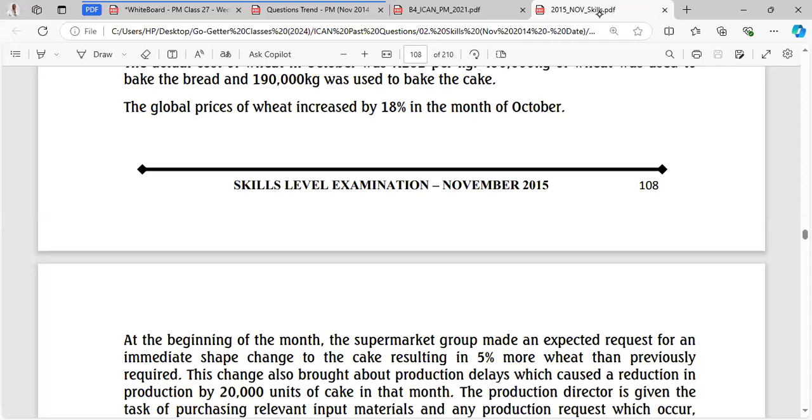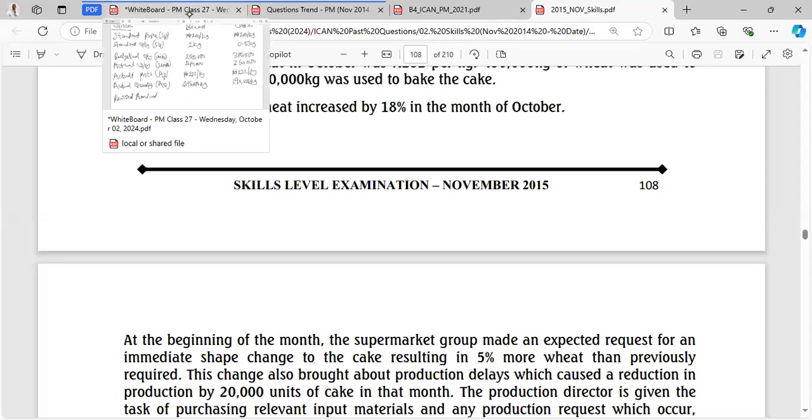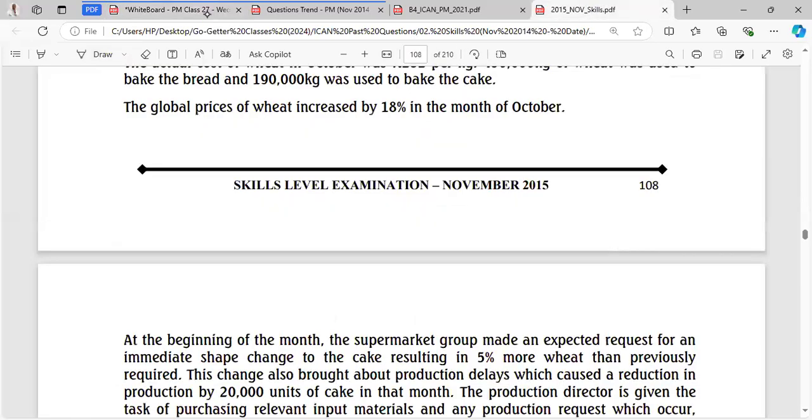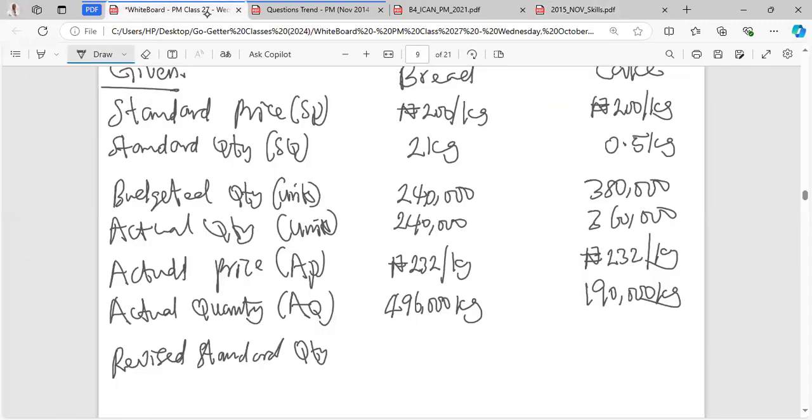So the revised standard quantity for the cake is going to now be, because they said 5% more than previously, 1.05 multiplied by 0.5.